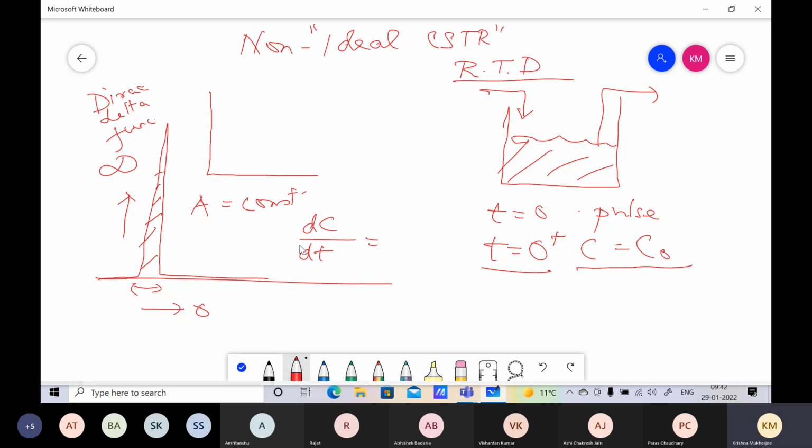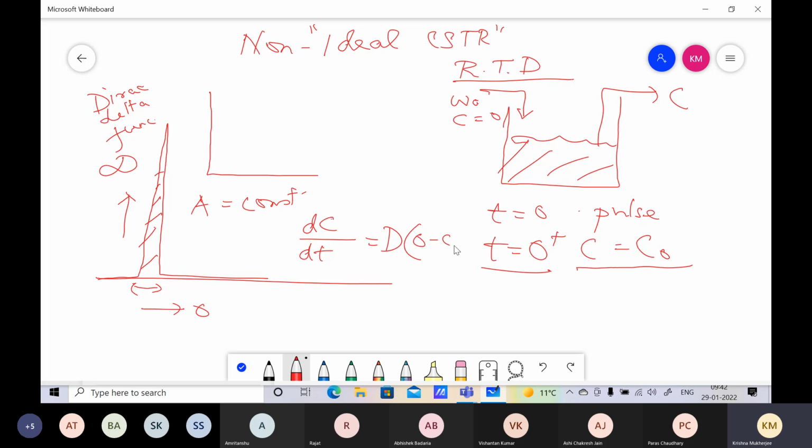The basic material balance becomes dc by dt equal to D, and water is coming in, so the input is plain water with c equal to 0.